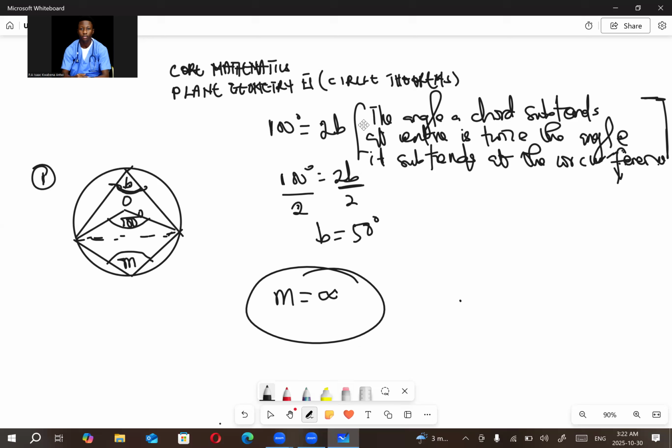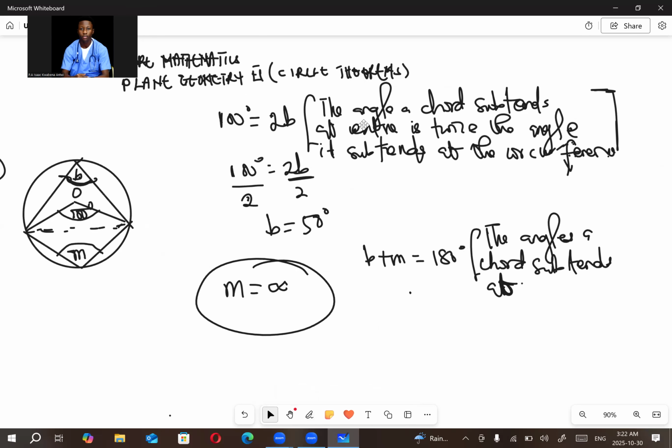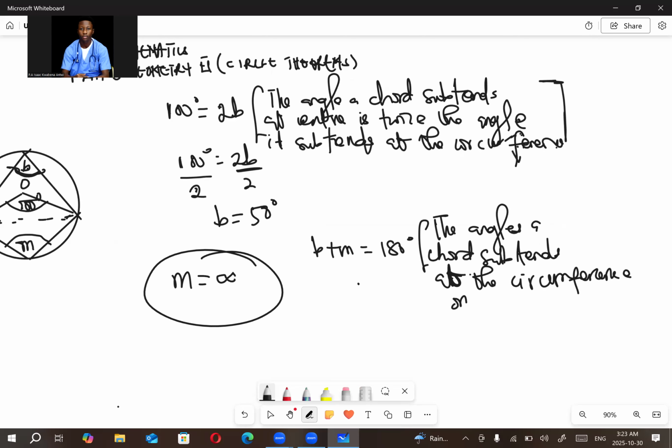Then you can see that B plus M is equal to what? 180 degrees, with the inscription: the angles a chord subtends at the circumference on opposite segments sum up to 180 degrees.